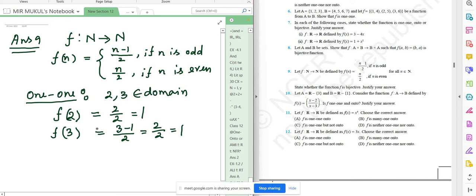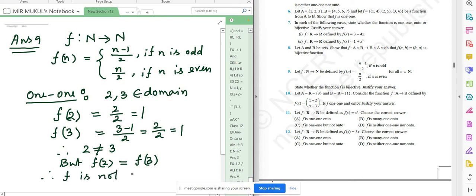So clearly 2 and 3 are distinct, 2 not equal to 3, but f(2) equals f(3). Therefore f is not one-one.